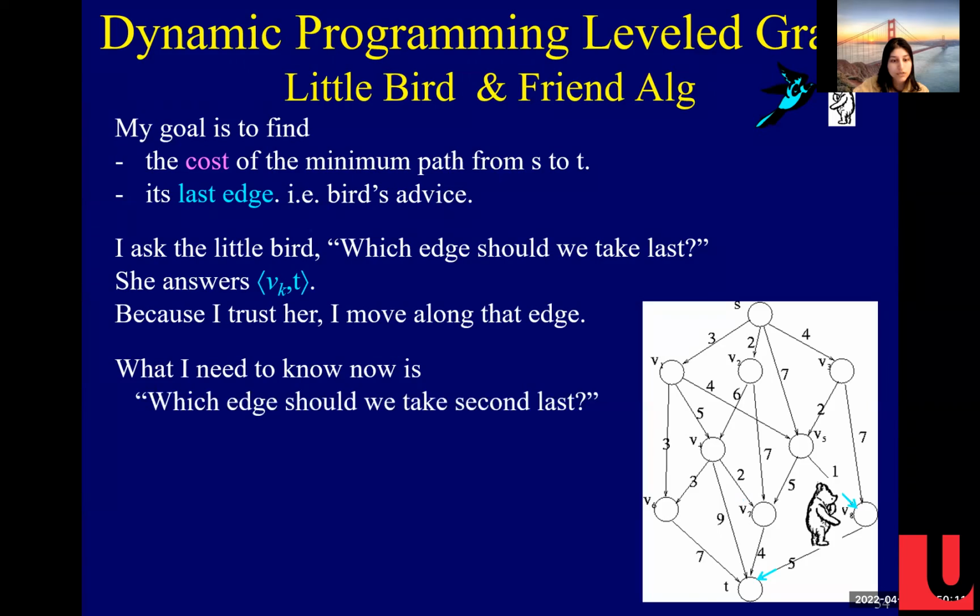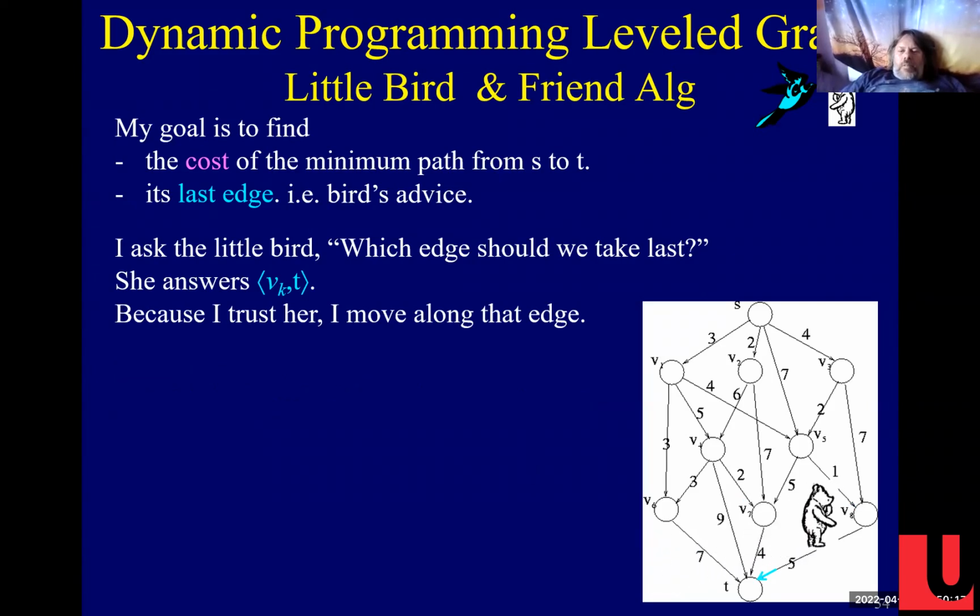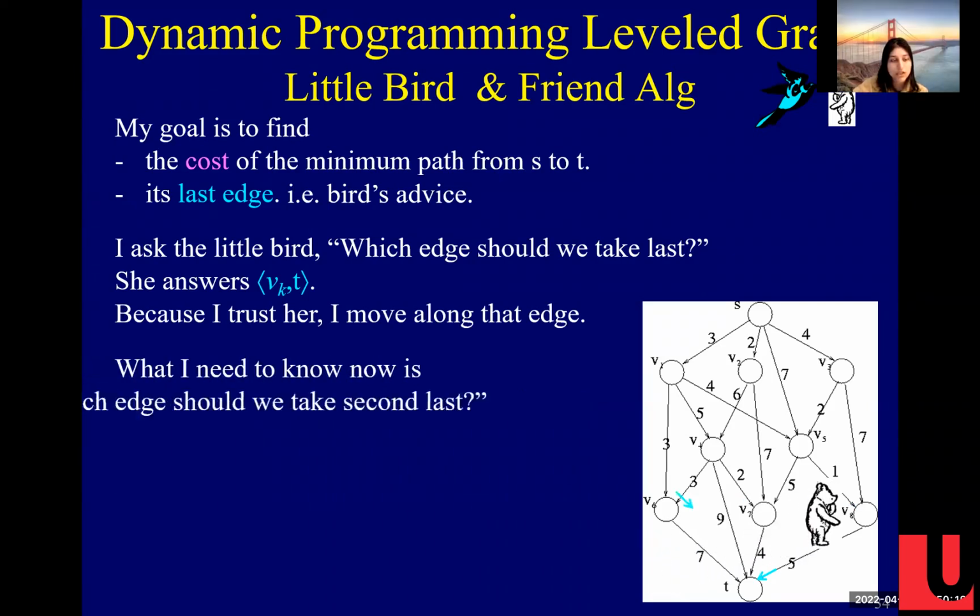So the first question was the one we asked at node T in this slide. And then it said that we cannot ask her the second question, so we have to ask a friend. But then when we went to slide 37, at the V7 node, we asked the bird a second question.